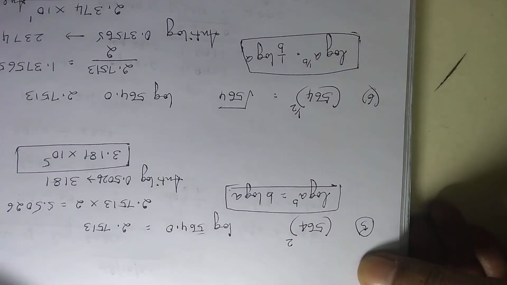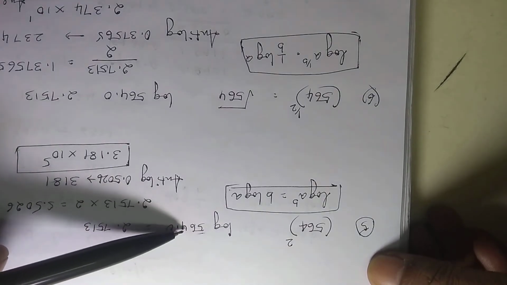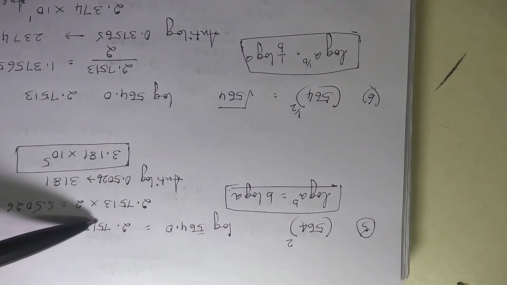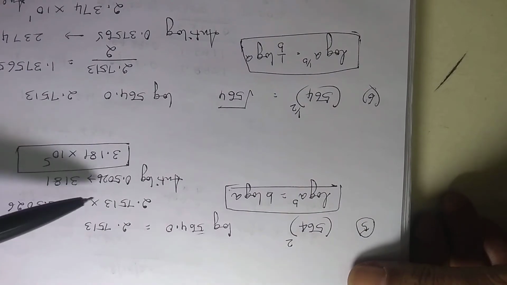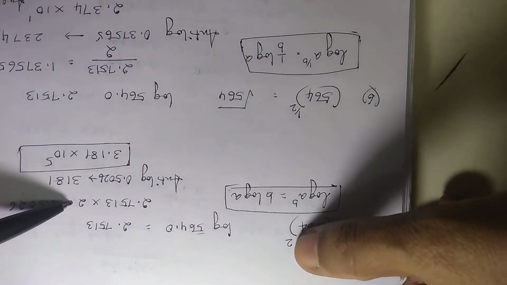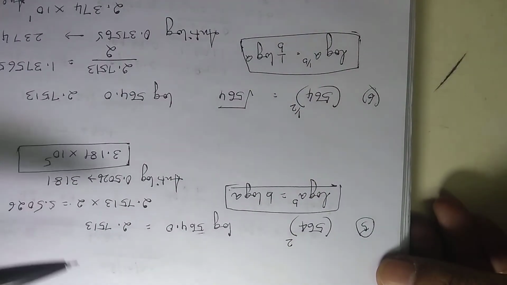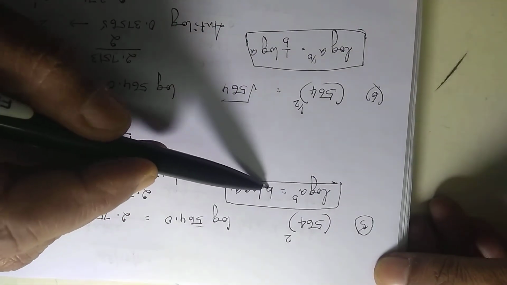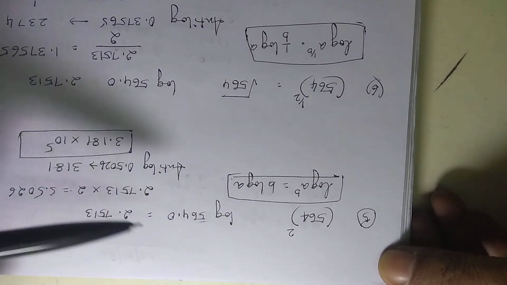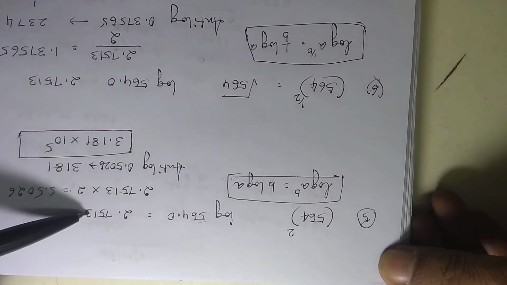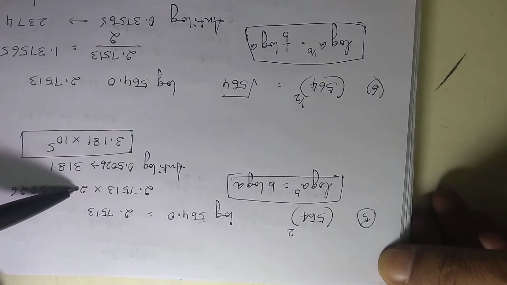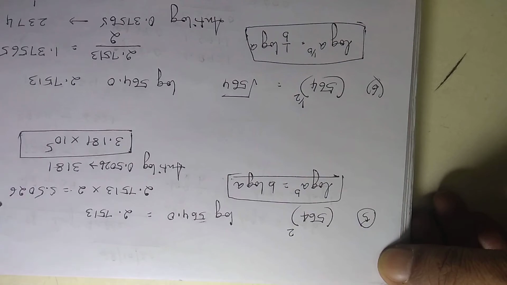So what you have to do is find out the log of 564, and whatever number you're getting, you multiply by 2. Because what do you want to do? You want to square, is it not? So b log a, what is your b? b is 2. So 2 log a. Log a is 2.7513. So multiply by 2 and then find out the antilog for this number.